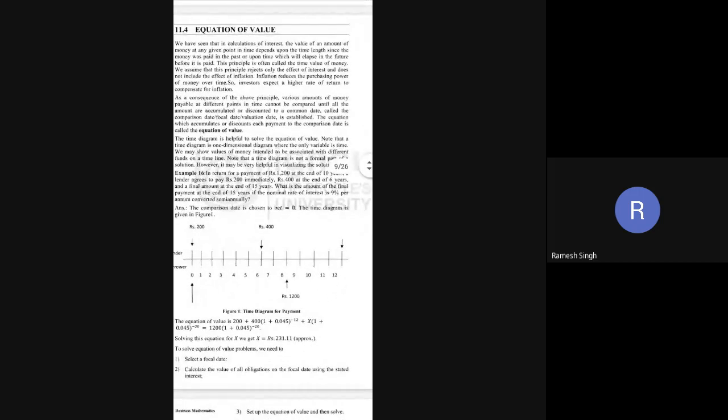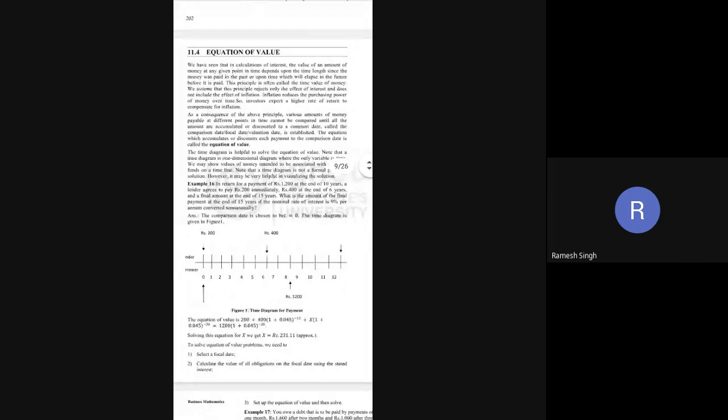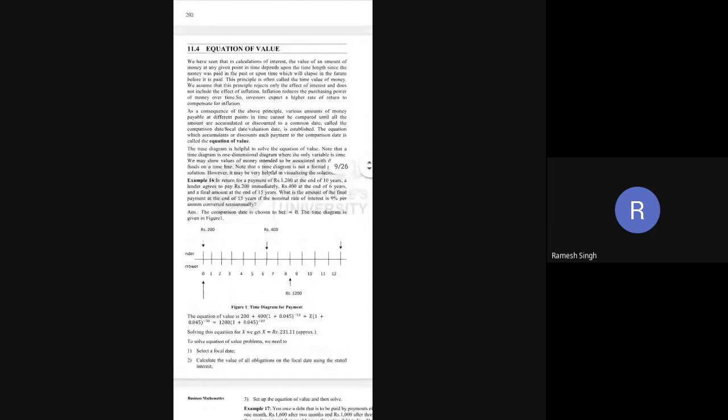So in this case, the comparison date is chosen as 0. As per the time diagram, starting with 0 year, it is 200. Then after 6 years, again in the scale, it is mentioned 400. Then after 9 or 10 years, 1200 should be paid, but it is continued to 15 years.